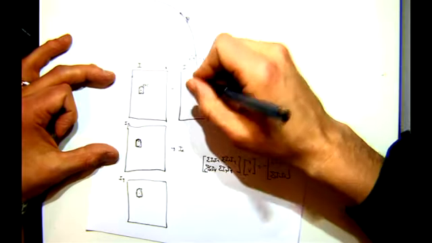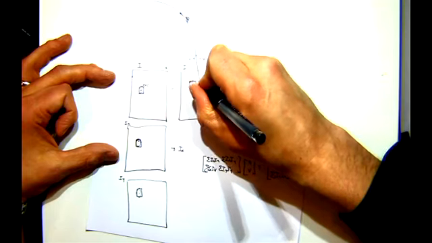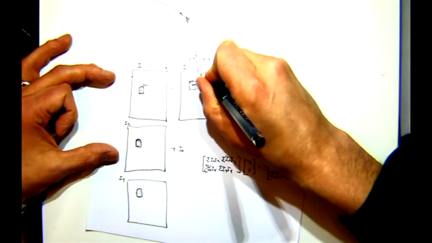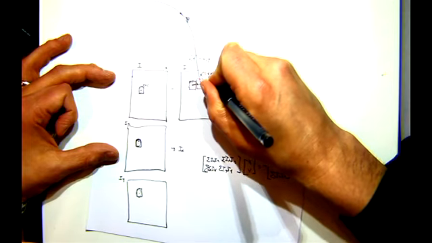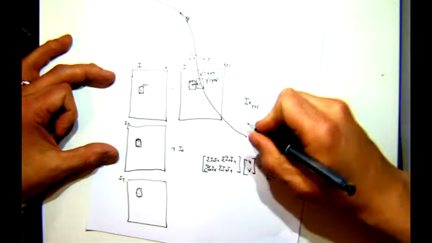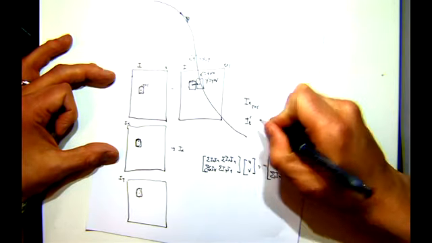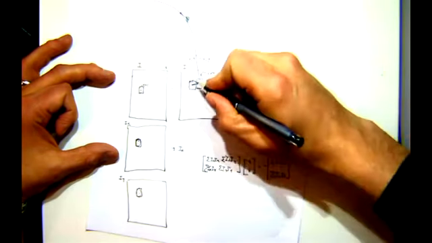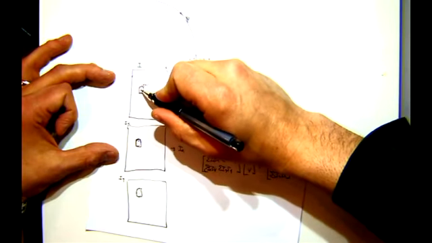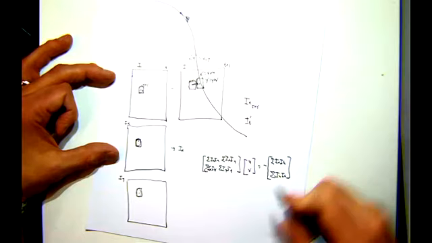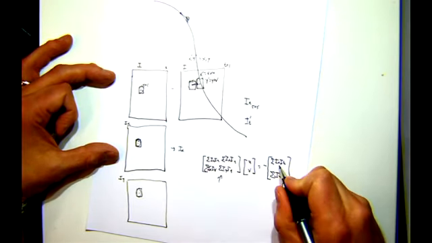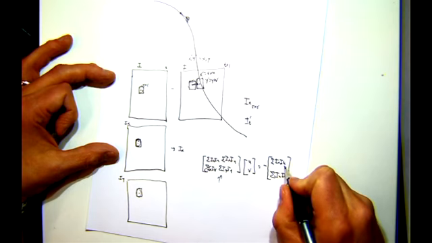Then I predict, let's just exaggerate the motion, that the point has moved to x prime equals x plus u, y prime equals y plus v. And now my next It is this patch where the point has moved minus the patch in the previous image at x, y. The Ix and Iy patches stay exactly the same, but now the right-hand side of my equation changes because my It has changed.